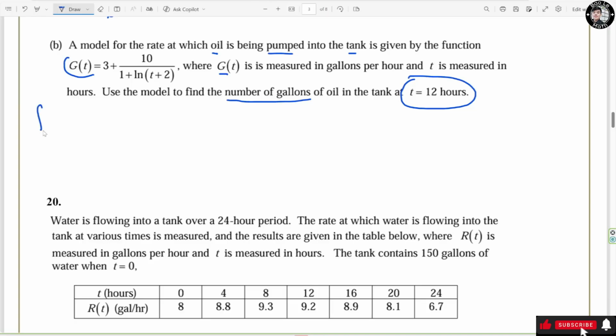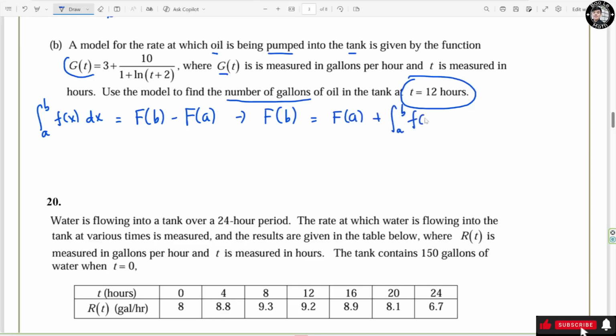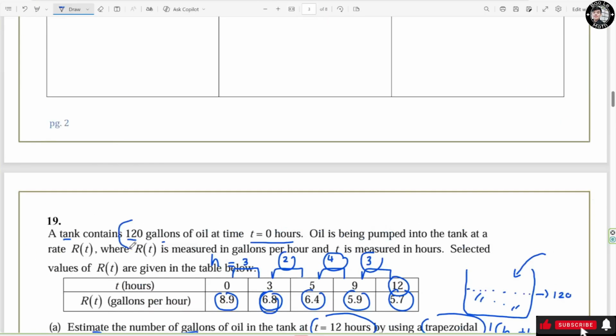Remember, the integral from a to b of f of s ds equals capital F of b minus capital F of a. So then you have capital F of b equals capital F of a plus the integral from a to b of f of s ds right here. This one is the initial value. Initial value is given by 120 right here.